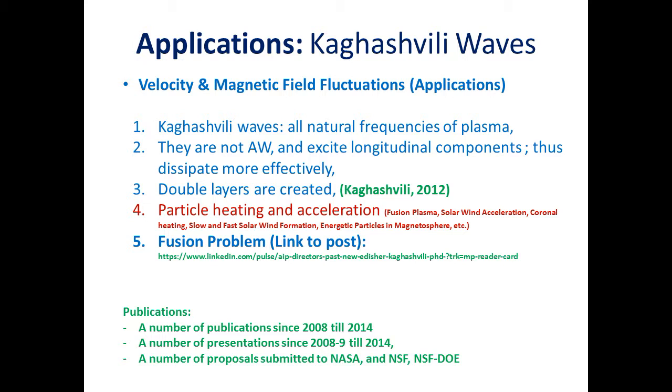It depends on the plasma and the initial driver. And I also showed in 2012 how double layers are created. I showed the non-zero phase-averaged field along the background magnetic field. And also, this process contributes to heating and acceleration.